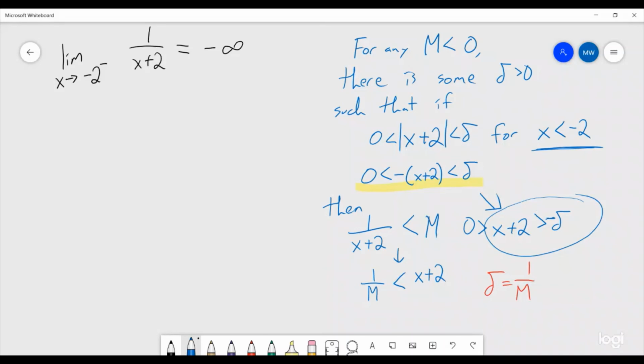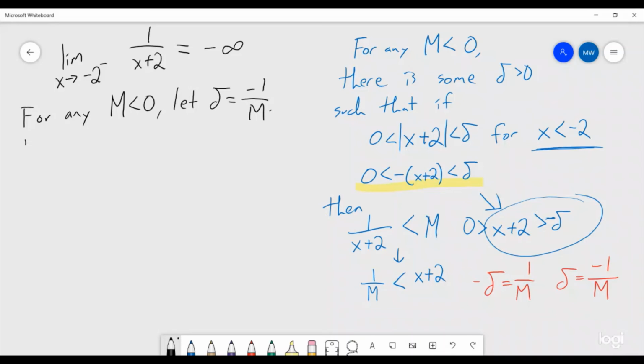So negative delta is equal to 1 over M, so that means delta is negative 1 over M. In our proof, we'll say that for any M less than 0, so any large negative M, let delta equal negative 1 over M. Thus, delta is greater than 0. We needed that condition for delta, and now we have delta is bigger than 0.